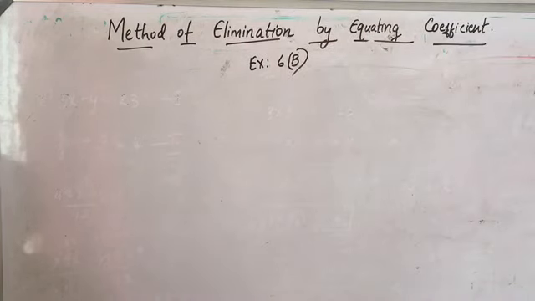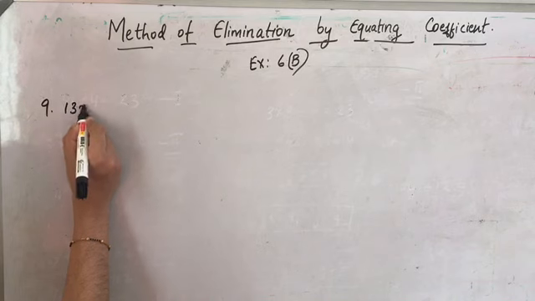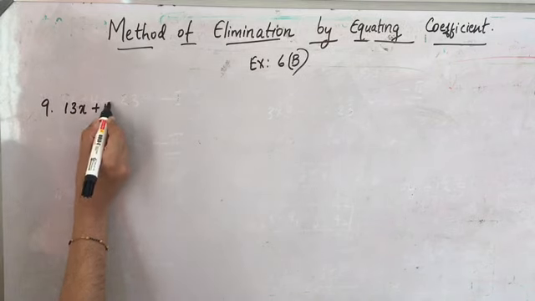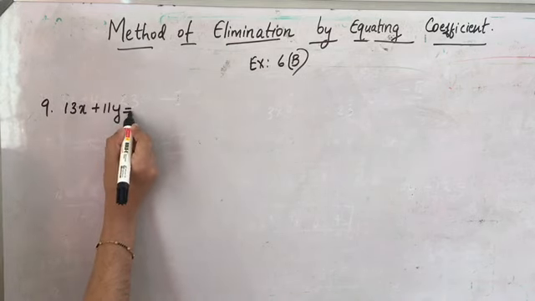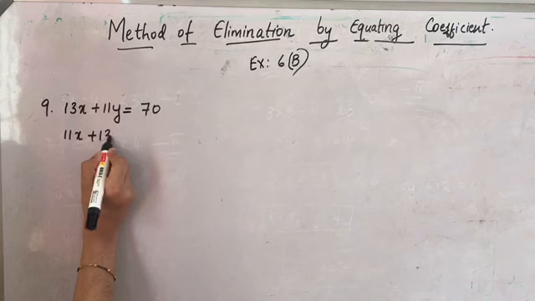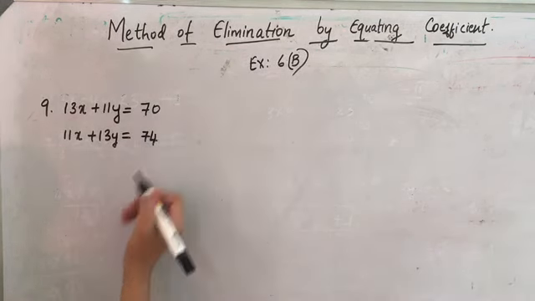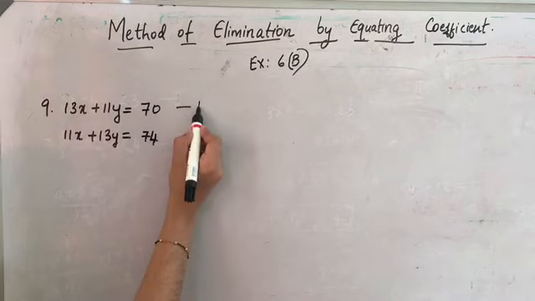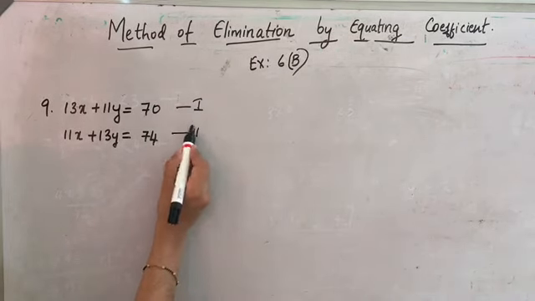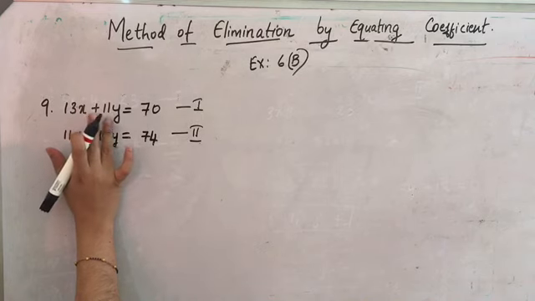Let me explain the next question. 9th one. 13x plus 11y equals 70 and 11x plus 13y equals 74. In this equation, you can multiply the first equation with either 11 or 13.